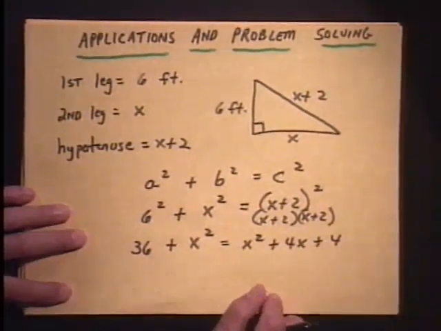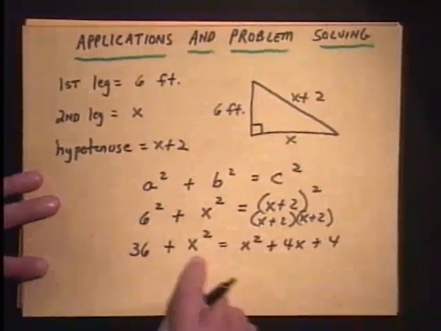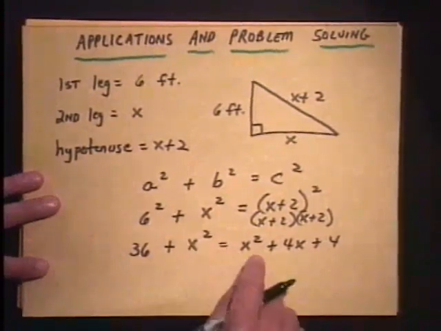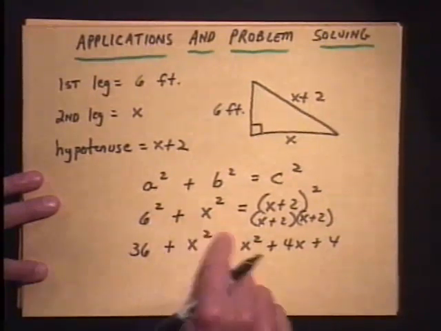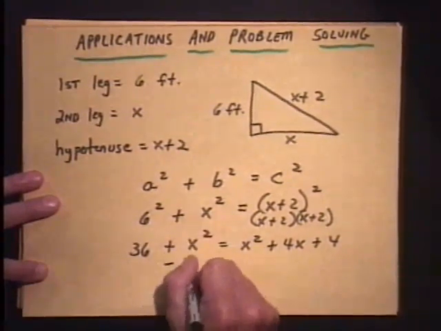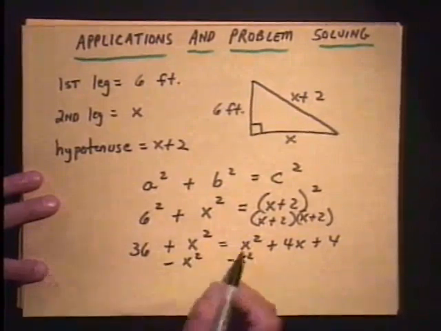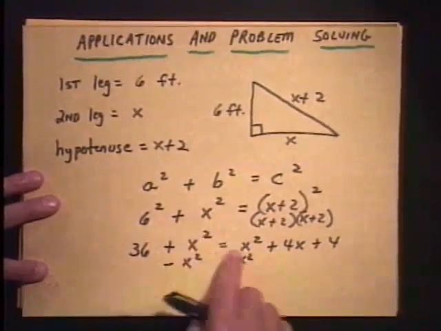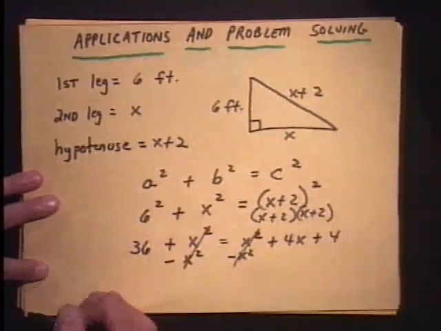All right, so now when we solve for x, some of you might say, Young, where do I take that x squared? Do I take it to the left or right? Well, in this case, it doesn't matter, because when I subtract the x squared to go either direction, what happens to it? The x squared goes out of the problem. So really, those can just cancel out. So whenever you have the same thing on opposite sides of the equals, they just kind of go out for that reason.